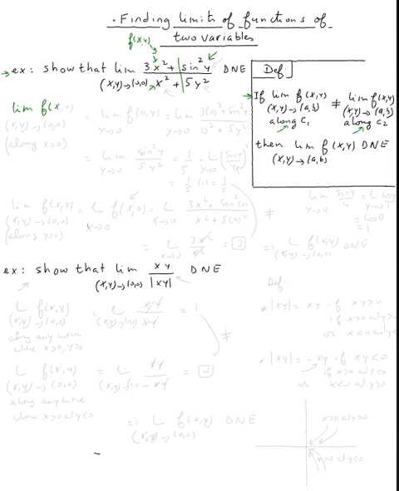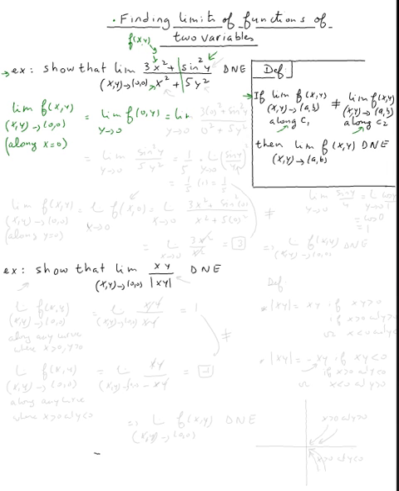So the limit of that function f of x,y as x,y approaches 0,0, and I'm going to say along the y-axis, which means along the line x equals 0. This will be equal to the limit of f of 0,y as y approaches 0, which means wherever I see x I plug in 0.